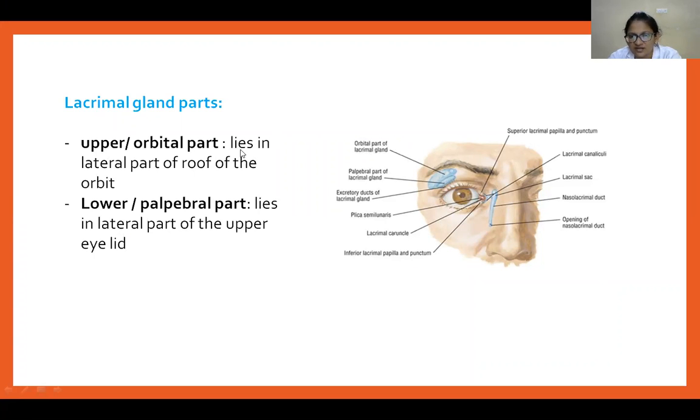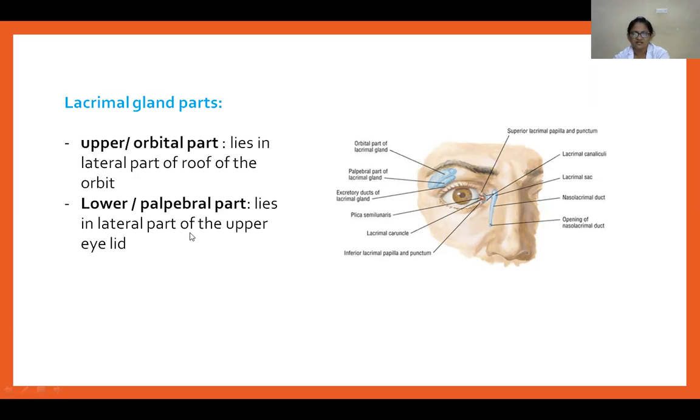Where does the upper orbital part lie? It lies in the anterolateral part of the roof of the orbit.